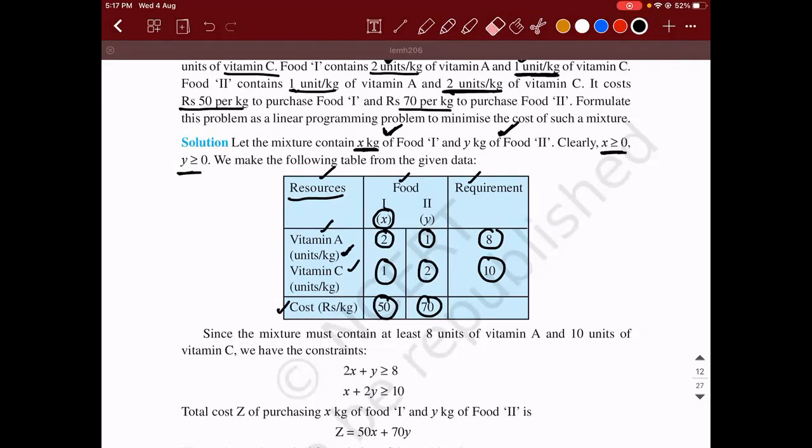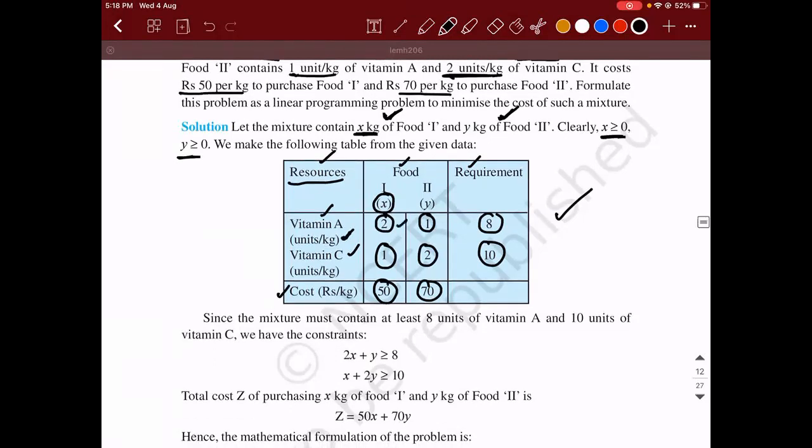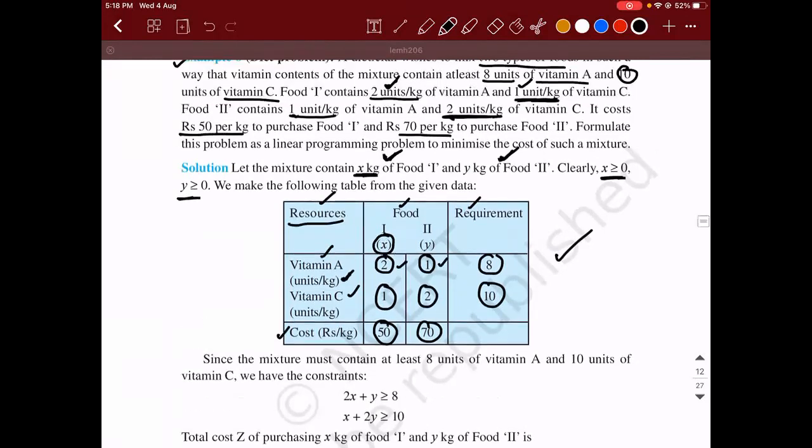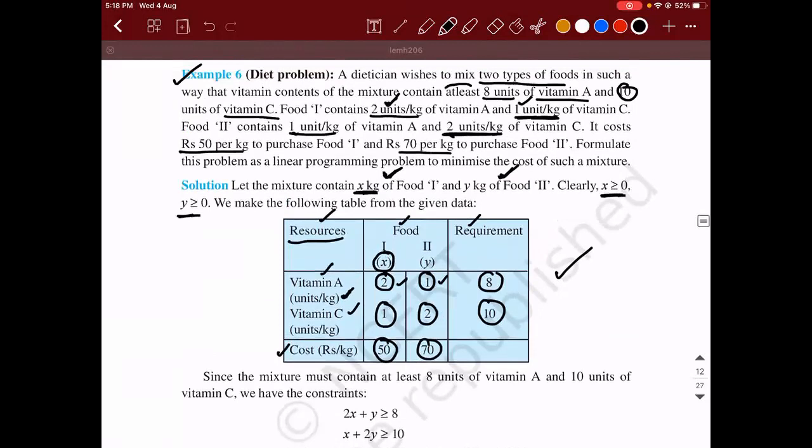So this is the available data. But from the given data, what is it that we are expected to do? We need to formulate and solve the problem using linear inequalities. Right. So what can you say? 2x plus y, right? Since the mixture must contain at least, this is the keyword, at least means minimum. At most means maximum.